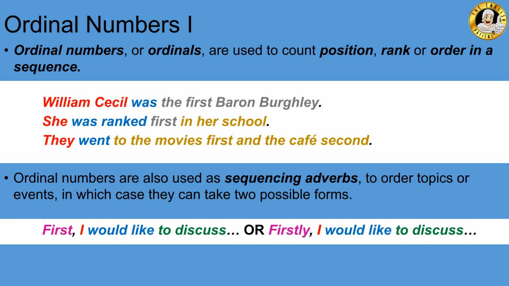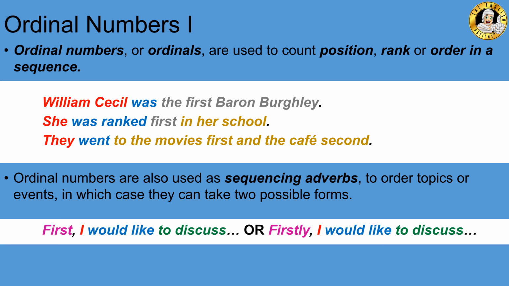Now, ordinal numbers are also used as sequencing adverbs to order topics or events, in which case they actually take two possible forms. So one of the ways in which we change words to adverbs, particularly adjectives to adverbs, is to add the suffix ly.